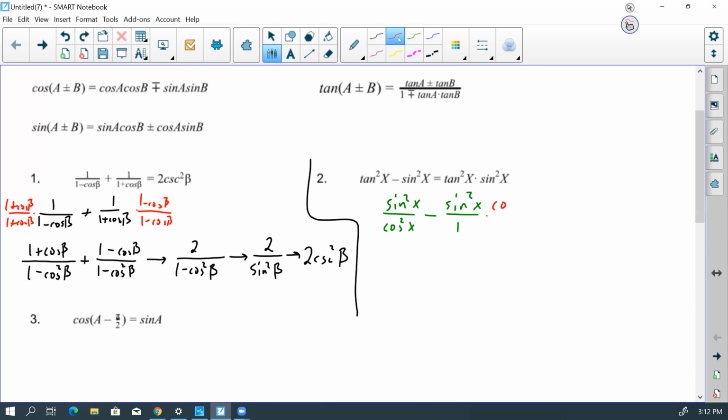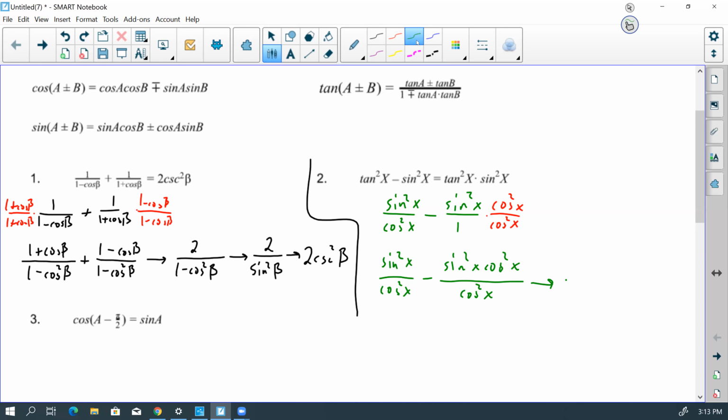What's in red right there equals 1, so I'm not changing the value of anything. The first fraction minus this fraction becomes one fraction. The denominator is cosine squared. The numerator is sine squared minus sine squared times cosine squared.